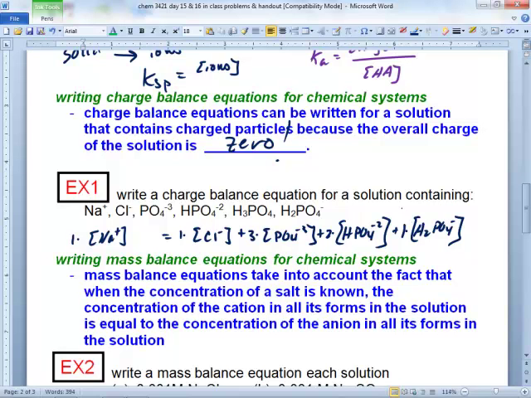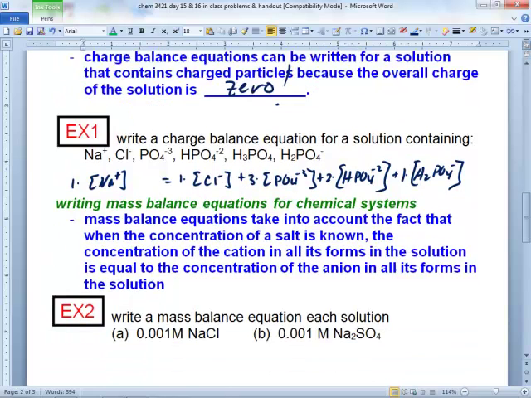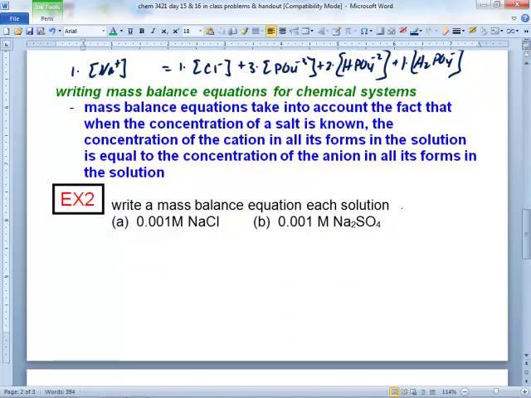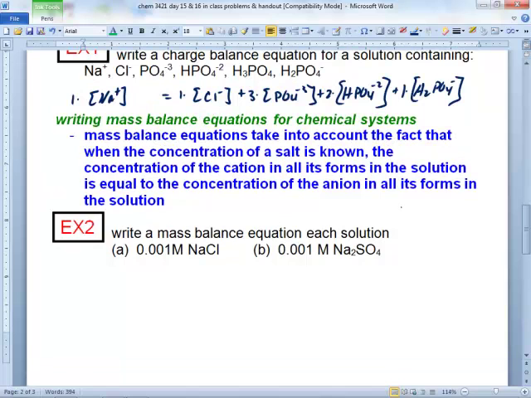Mass balance equations are a little more odd. I don't know, there must be a better way to word this. I think it'll make more sense after we see it. Mass balance equations take into account the fact that when the concentration of a salt is known, the concentration, now what's a salt? Sodium chloride's a salt, but it has a cation and an anion.